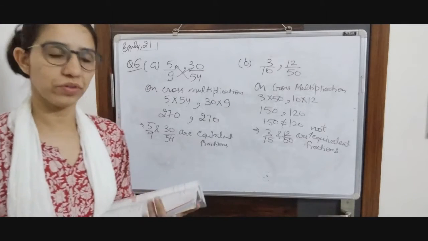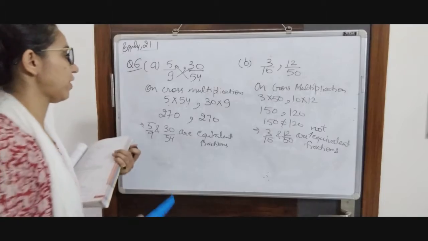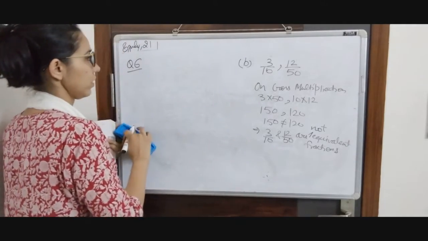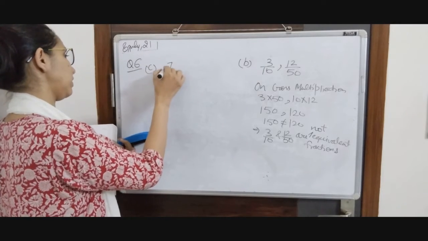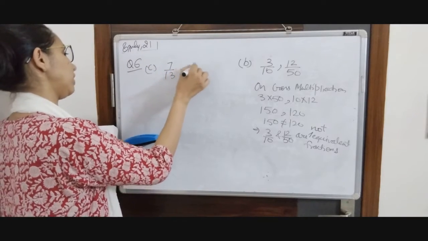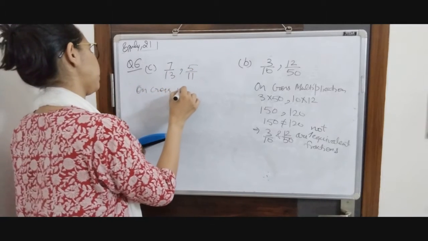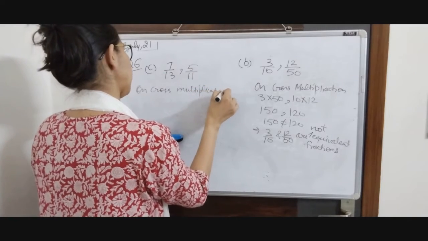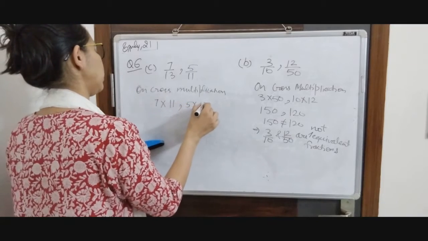Similarly, we can do the C part, which is 7 by 13 and 5 by 11. We will cross multiply. And we will get 7 into 11 and 5 into 13.